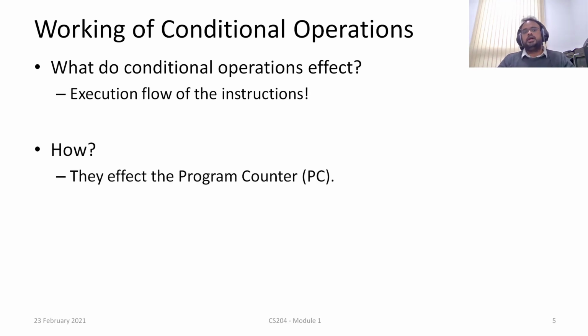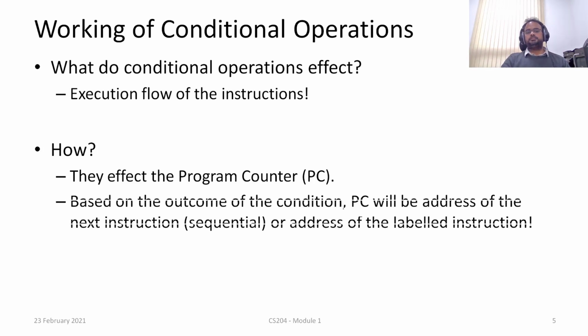We already saw that we change the program counter. The program counter is the address of the next instruction that we want to execute. If we set the program counter to the next sequential instruction, then that's the path we want to take. Otherwise, we can assign it to the address of the labeled instruction. And this would be done by looking at the outcome of any condition that we have put.